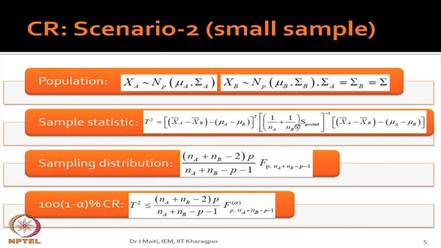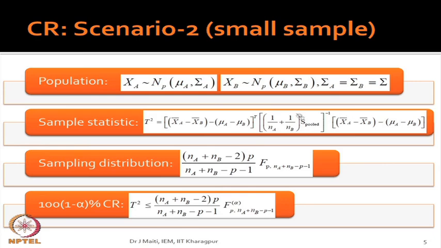Then there you used S inverse; here you have the two population case, and sigma A equals sigma B equals sigma. So you calculate the S pooled first. This is (1 by N A plus 1 by N B) into S pooled, where S pooled is the same equation you have seen earlier: (N A minus 1) S A plus (N B minus 1) S B divided by N A plus N B minus 2.